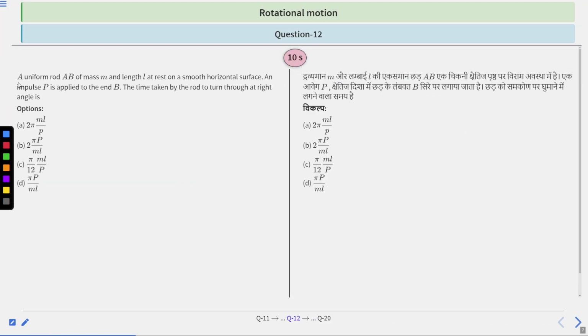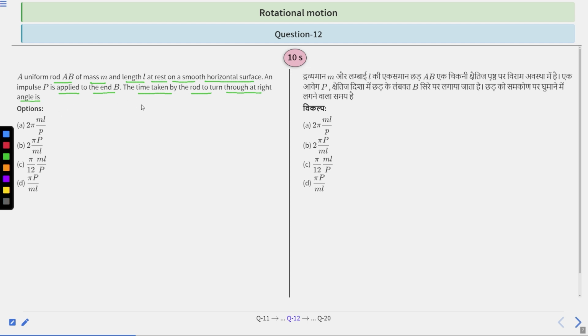The question is: a uniform rod AB of mass m and length L is at rest on a smooth horizontal surface. An impulse P is applied to the end B. The time taken by the rod to turn through a right angle is what?